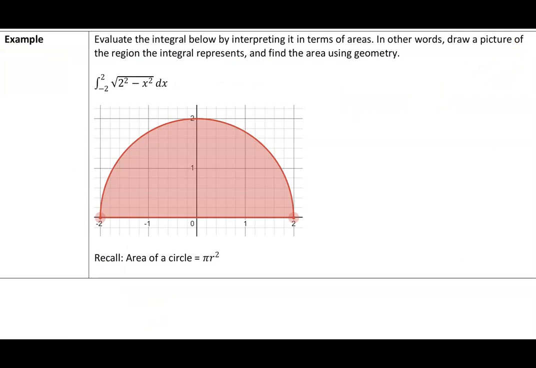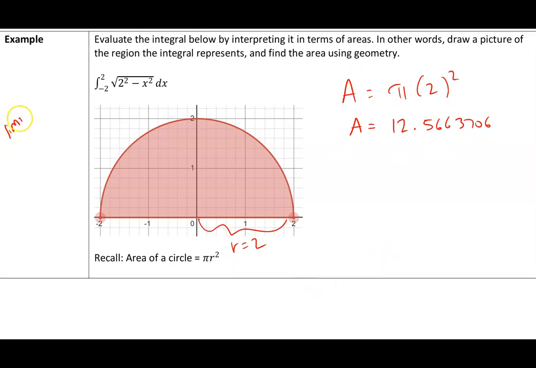So here's an example. We are given this function, the square root of 2 squared minus x squared dx, and we want to know the integral of this function between -2 and 2. These are called the limits of integration.